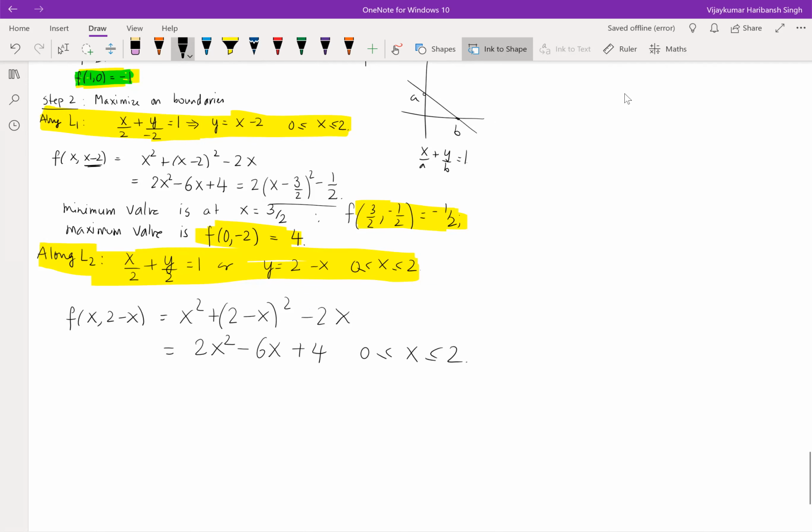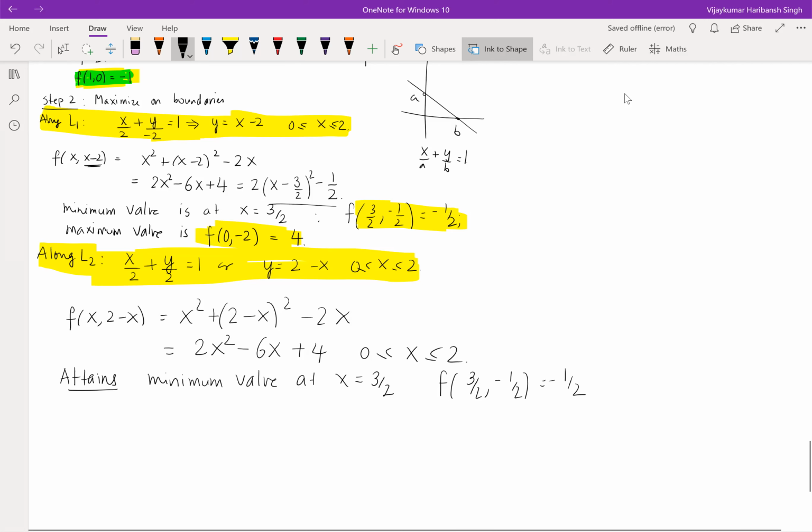It attains its minimum value at x equals 3 by 2, that is f of 3 by 2 comma minus 1 by 2 is minus half, exactly the same as along L1, and the maximum value at x equals 0, we have f of 0, 2 equals 4.